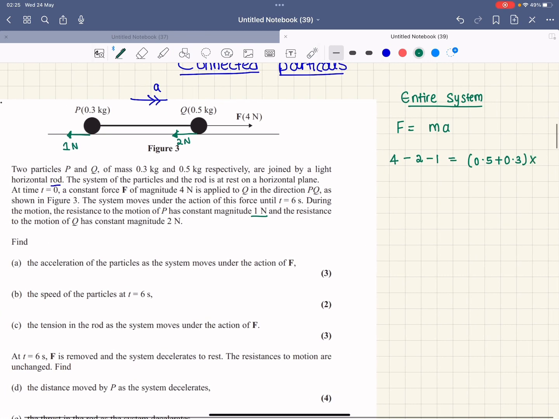And the acceleration was not given in the question, therefore I'm going to keep it as a. 4 minus 2 is 2, minus 1 is 1, is equal to 0.8a. Therefore, a is equal to 1 over 0.8. And that's 10 over 8, which is going to be 1.25. So acceleration is 1.25 meters per second squared.